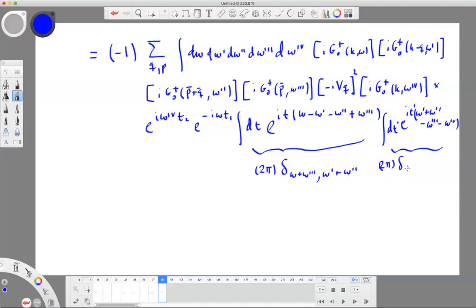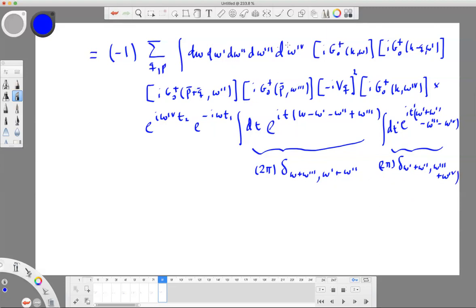So this is going to be now delta omega prime, and then omega triple prime plus omega 4. Okay, so we have that now, these two conditions.